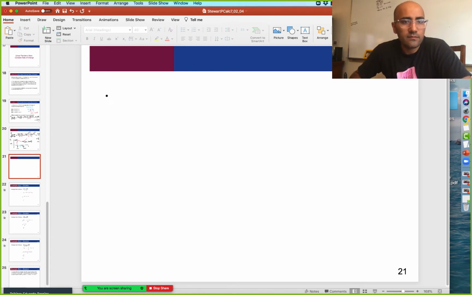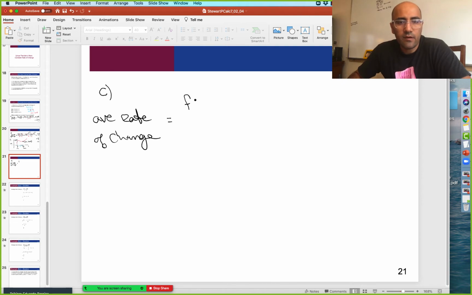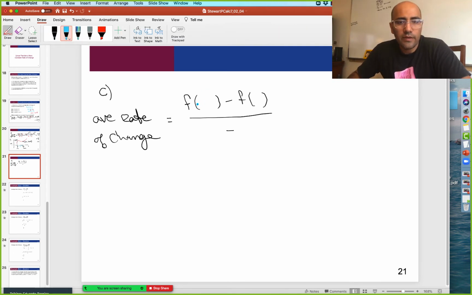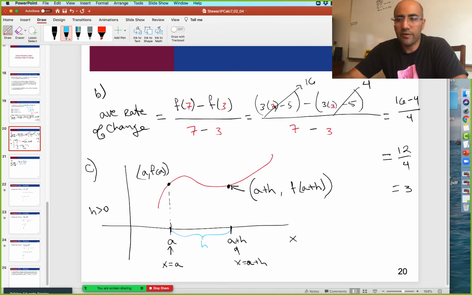So this is for part C. Average rate of change will be equal to f of blank minus f of blank, and then we subtract these. So a plus h goes there, a goes there, a plus h goes here, and a goes there. Just following the same pattern that we did for the previous one.